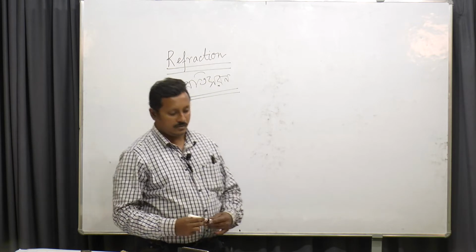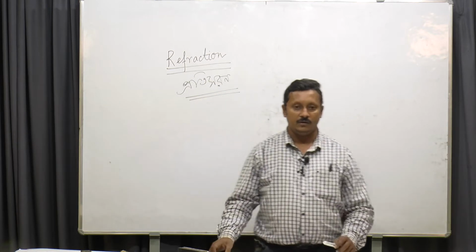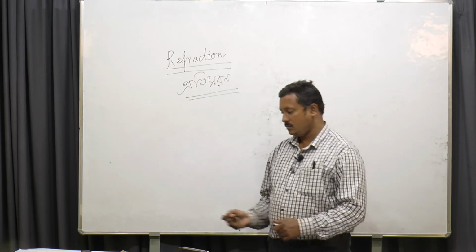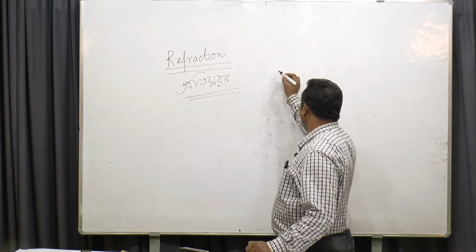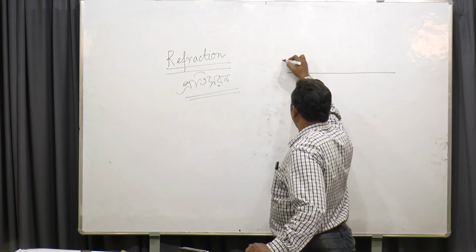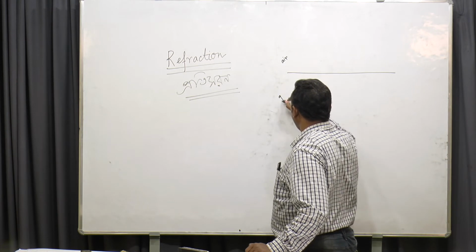Now if I say define the refraction, how will you define? Say here is a medium of air, let it be here, okay, and here is the medium of glass.